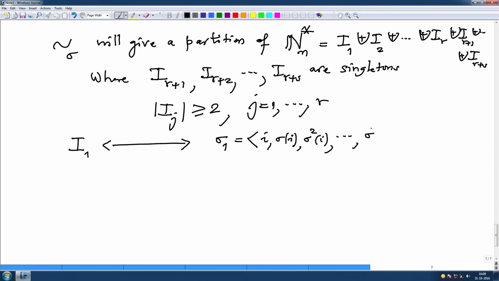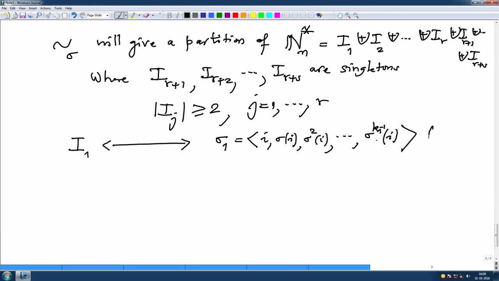So that is sigma power k_1 minus 1 of i, and then you get back to i. When you want to check this, you start writing distinct ones, and the first time it is not distinct, it has to go back here.